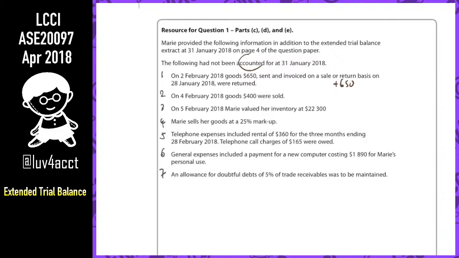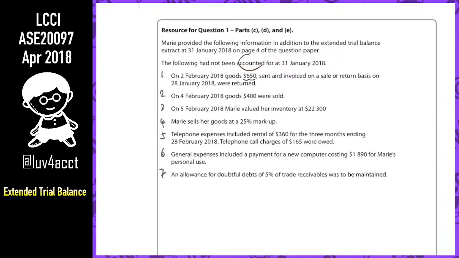But then later we have to look at the markup because this is the invoice amount. So we will wait for it. On the 4th of February, goods of 400 were sold.